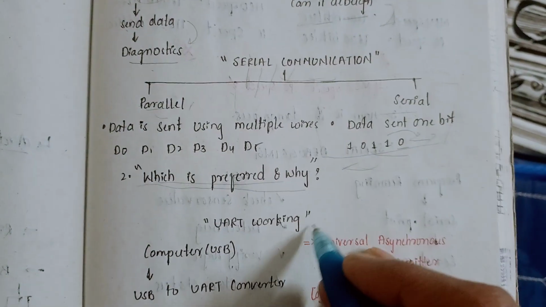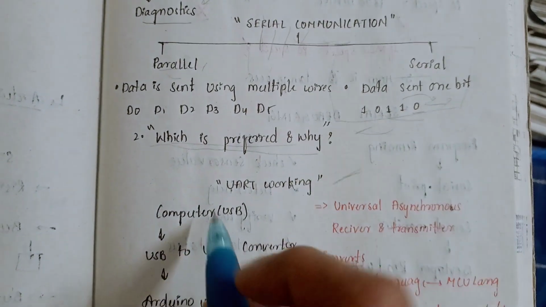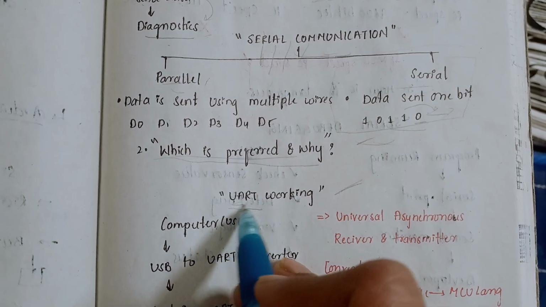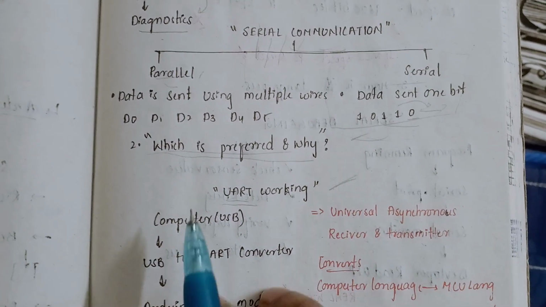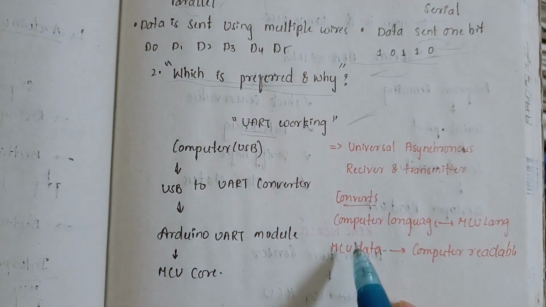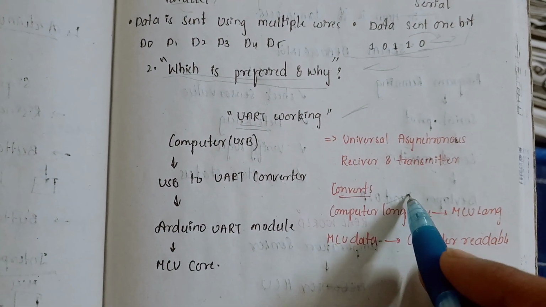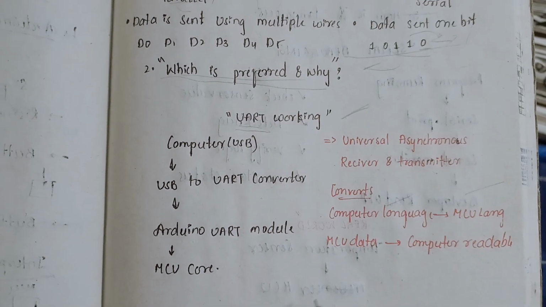The next topic is UART working. UART stands for universal asynchronous receiver and transmitter, which is used for converting computer language to MCU language.